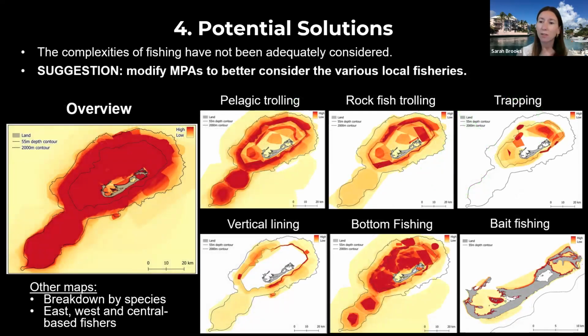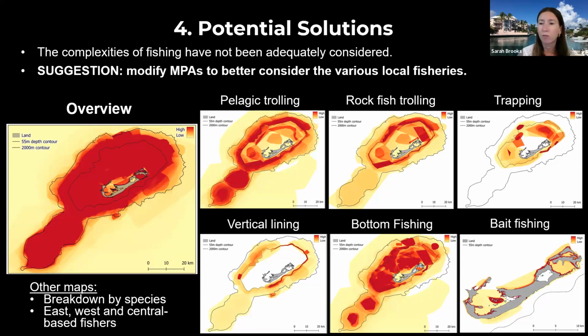Now, circling back to fishing for a second. We also heard feedback from the fishing community that the complexities involved in the commercial industry hadn't been properly considered, and that we needed to better account for how a fisherman fishes, the gear type that they use, the species that they fish, the time of year that they fish.